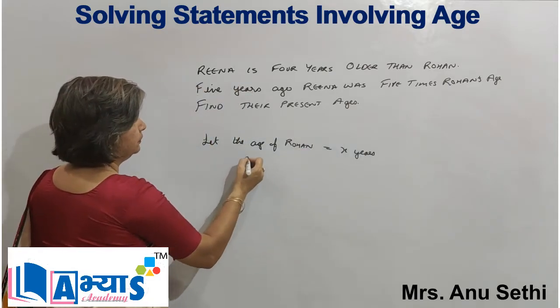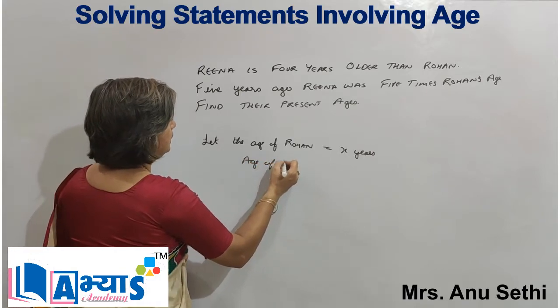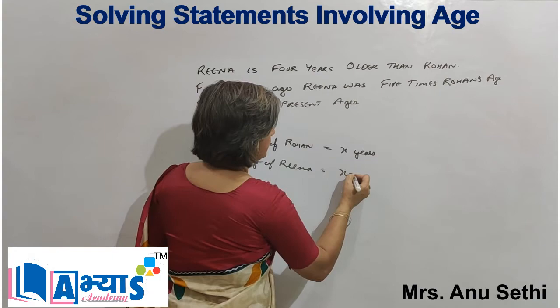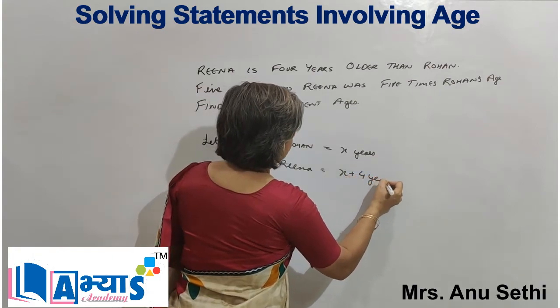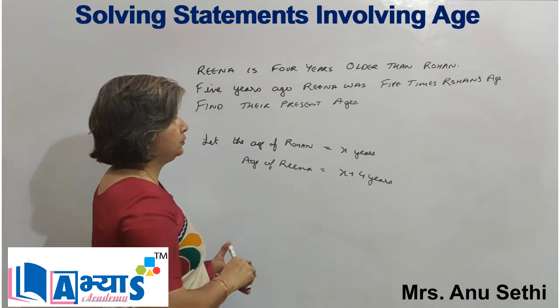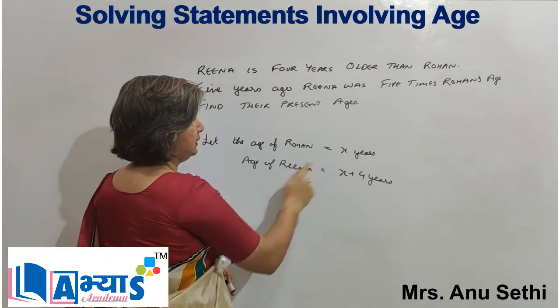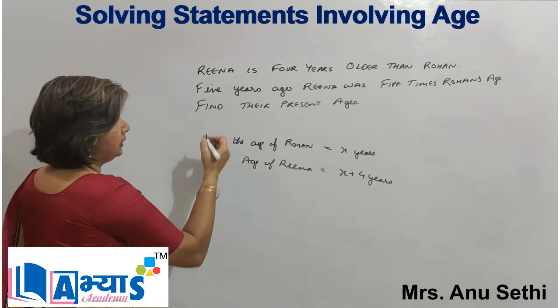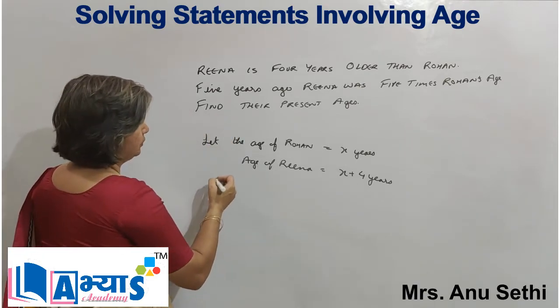Then age of Reena is equal to x plus 4 years, because it is given that Reena is 4 years older than Rohan, so if the age of Rohan is x years, Reena will be x plus 4 years. Then it is given that 5 years ago.